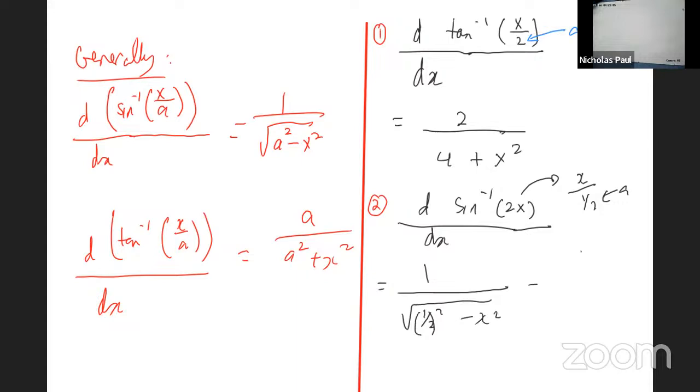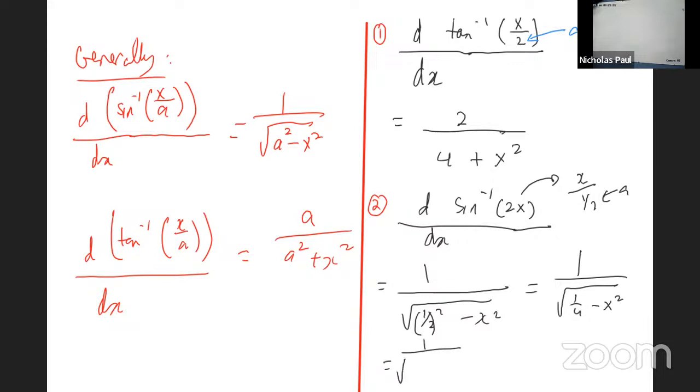So that'll be 1 over the square root of 1/4 minus x squared. You have to be able to simplify this out. What you could do if you want is to factor out 1/4.